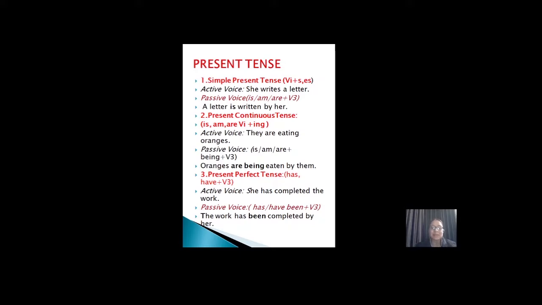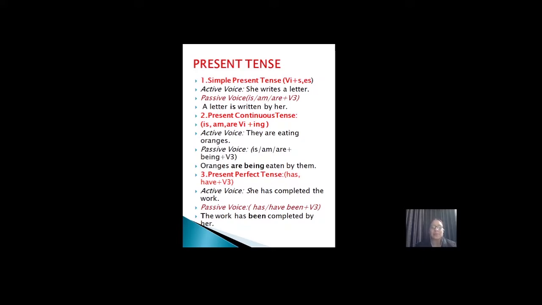Here we have simple present tense, present continuous tense, present perfect tense. Dear students, in active voice, while changing to passive voice, we will only discuss three tenses because for present perfect continuous, there is no passive of it. So first we have simple present tense.